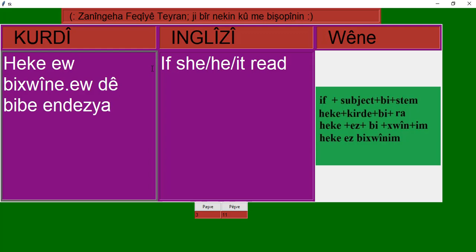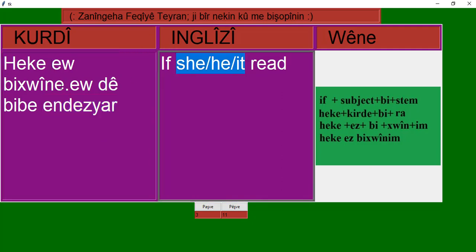So if they study, they will be engineers. If he, it, or one of them reads. Okay, it cannot be read like that, but in Kurdish, as you see, the form can have all those meanings.